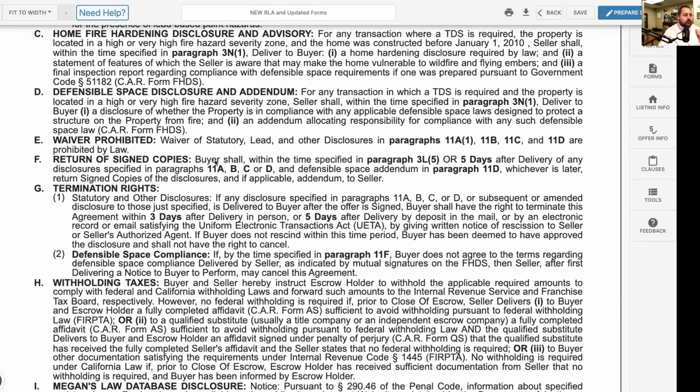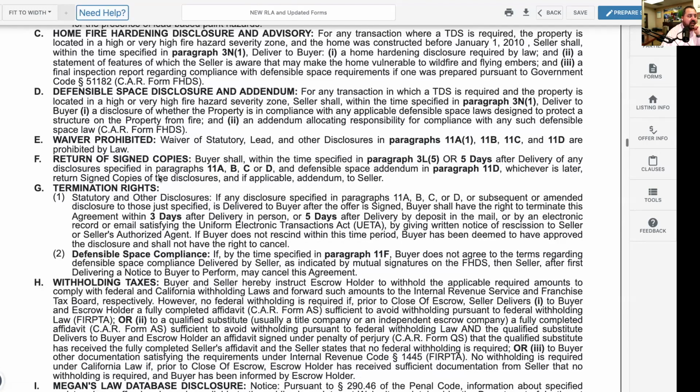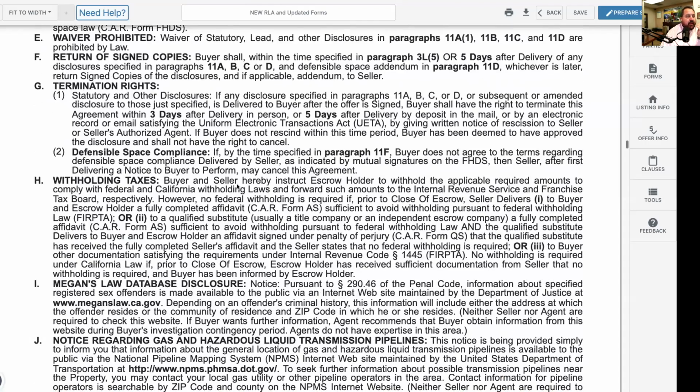Buyers shall, in the time specified in paragraph 3L5, or 5 days after delivery of any disclosures specified in paragraph 11, whichever is later, return signed copies of the disclosures. So basically, yes, okay, sorry, my mind totally went blank right now.